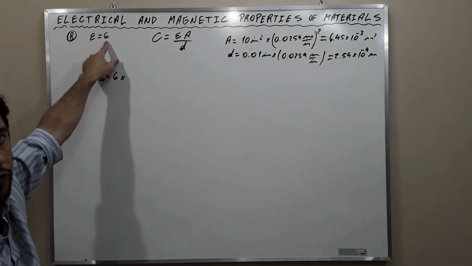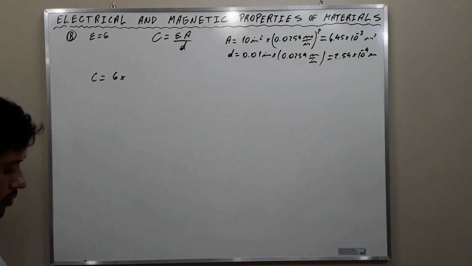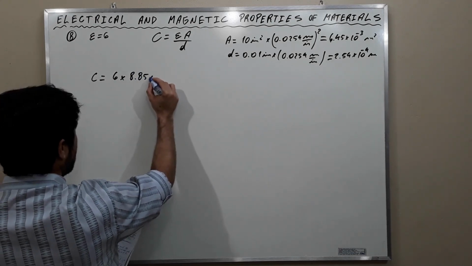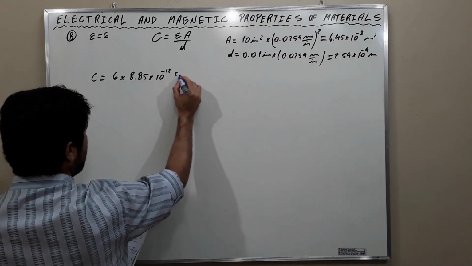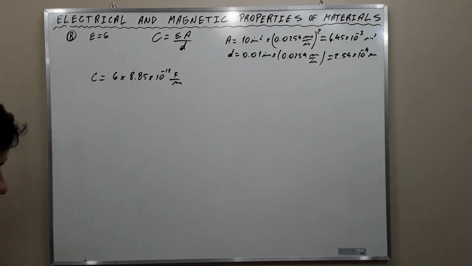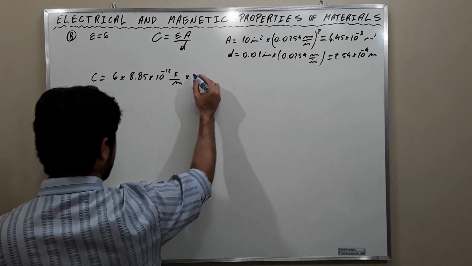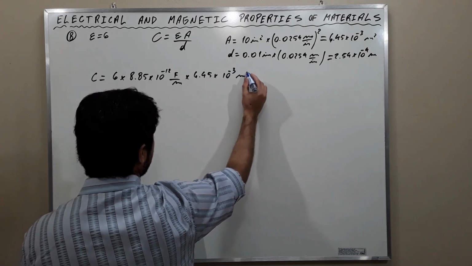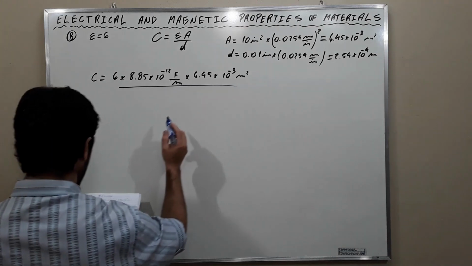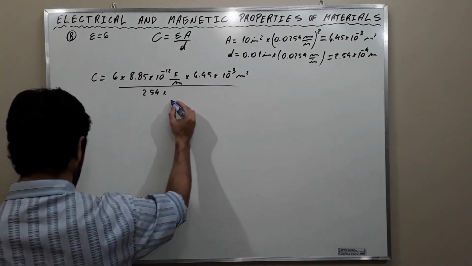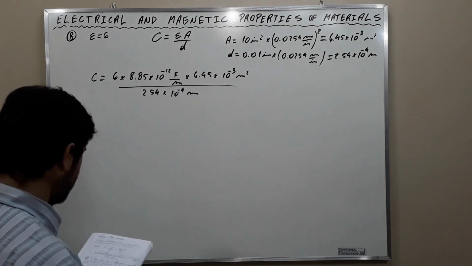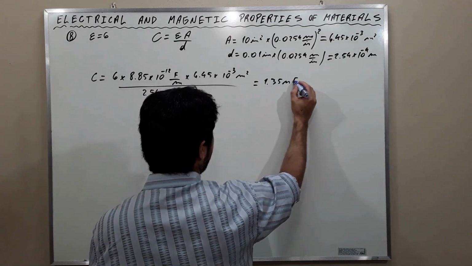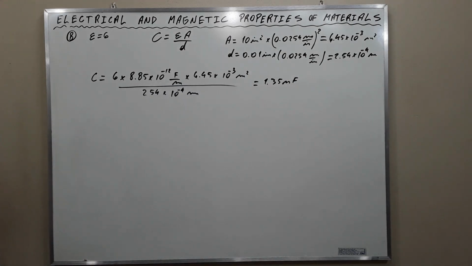The electrical permittivity of mica is 6 times 8.85 times 10 to the negative 12 farad per meter, which is the permittivity of free space, times 6.45 times 10 to the negative 3 square meters divided by the separation, which is 2.54 times 10 to the negative 4 meters, and this gives a value of 1.35 nanofarad. Alright, my friends, and there is a note.